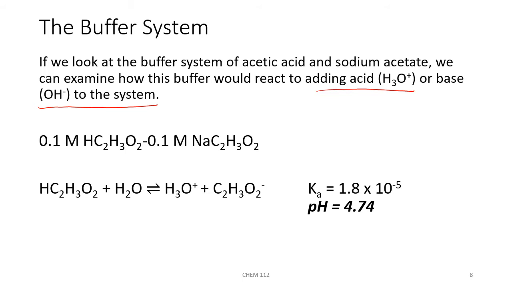We calculated the pH of our buffer system, and initially it was 4.74. Now the pH can deviate from 4.74 if we add strong acid or strong base. If we add acid, it will go a little bit less than 4.74. If we add base, it'll go a little bit higher than 4.74, but it should maintain a relatively constant pH. It won't change drastically because it is a buffering system.